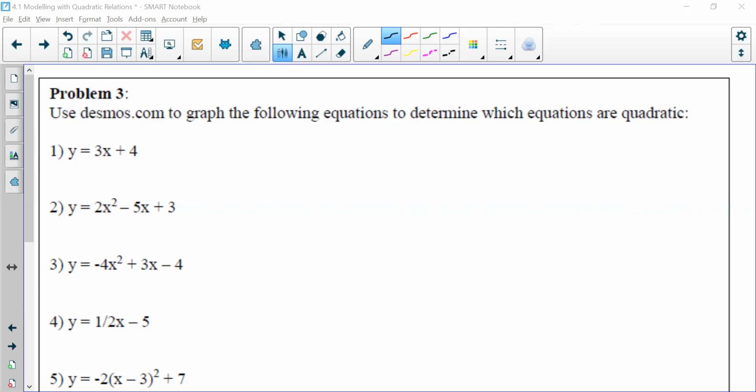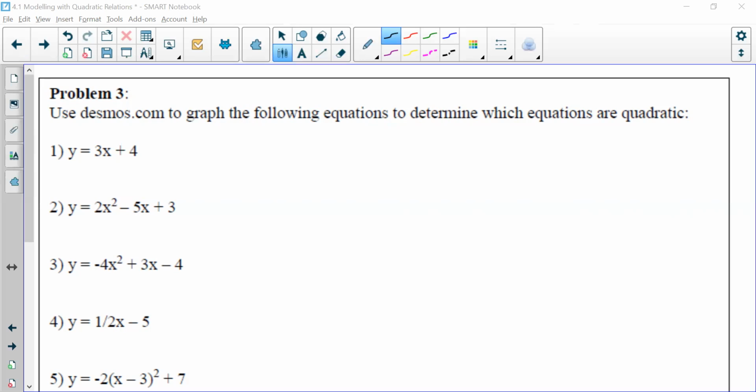Okay, next equation. y equals 1/2 x minus 5. Okay, minus 5? Yep. Okay. Fifth one? y equals negative 2 parentheses x minus 3 squared, and then plus 7. Okay. Got it.